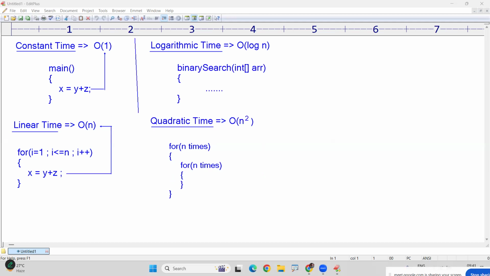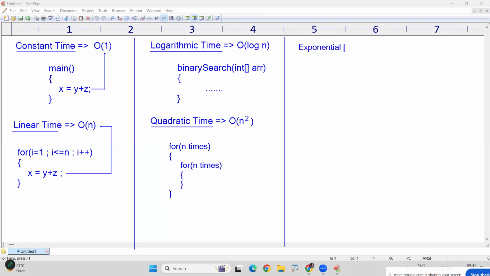Sometimes, as in the last class on dynamic programming, we have seen the Fibonacci series through recursion. They will ask, that is called exponential time. Exponential time means 2 power n.